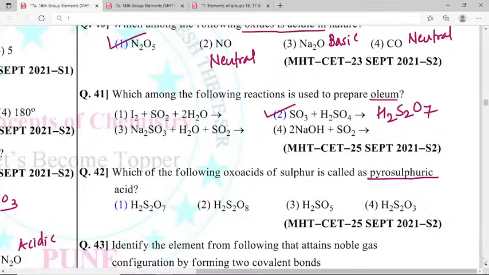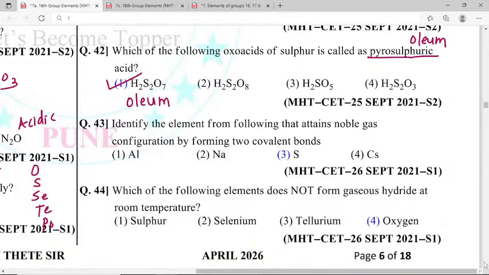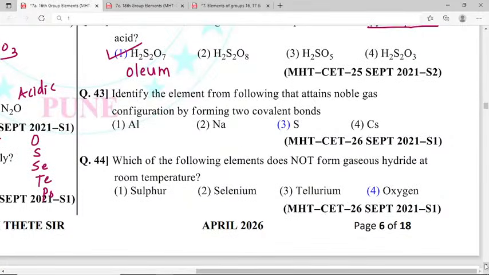Pyrosulfuric acid is called the oleum. H2S2O7 is called the oleum. Like petroleum, oleum, because the oleum is used for extraction of the petroleum product from crude oil.